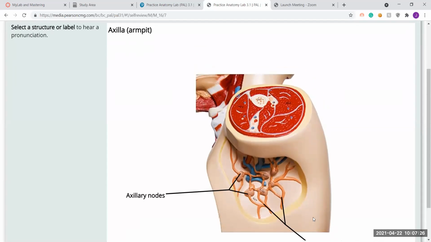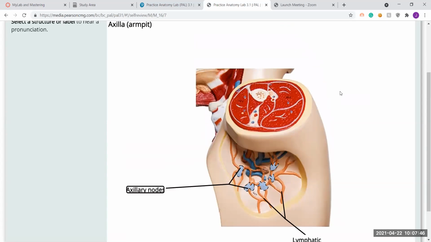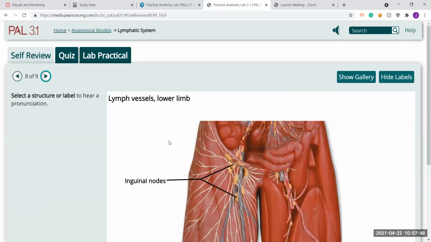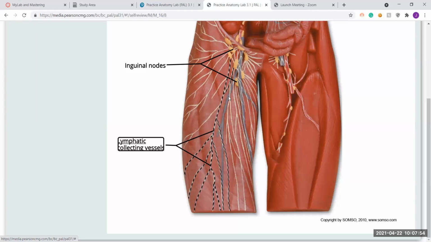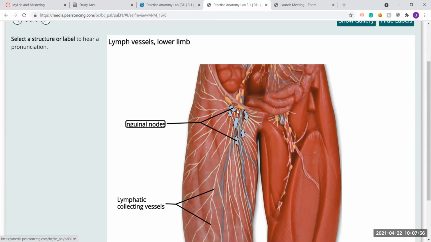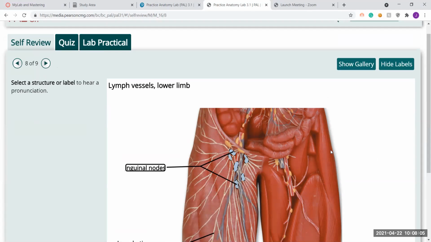This is the lymph node in the armpit, the large axillary lymph nodes. You can see how lymphatic collecting vessels are bringing lymph, and then it enters, and then it exits from this axillary lymph node, and then it goes to your vein in the neck. Again, these are the lymphatic collecting vessels, which come to the lymph nodes, and then these inguinal lymph nodes from both sides pass through the thoracic duct.